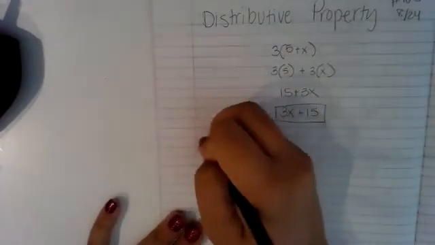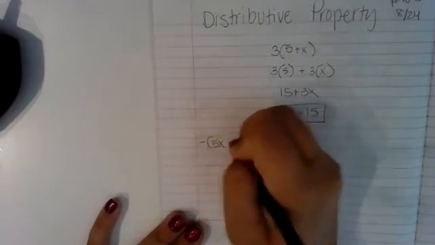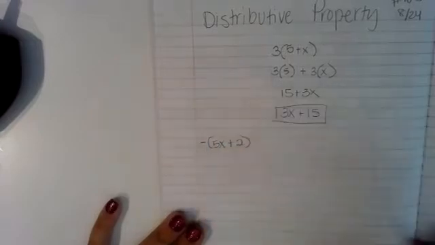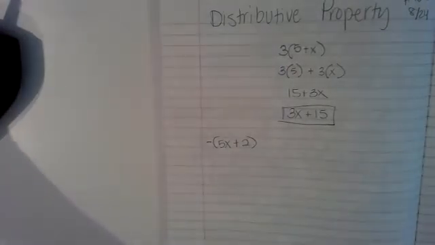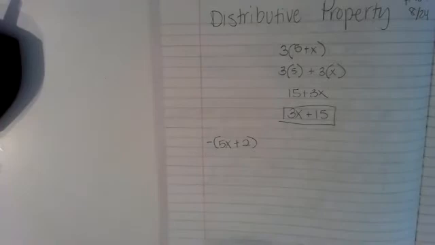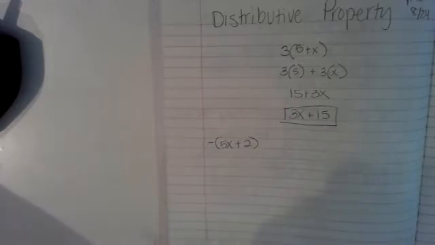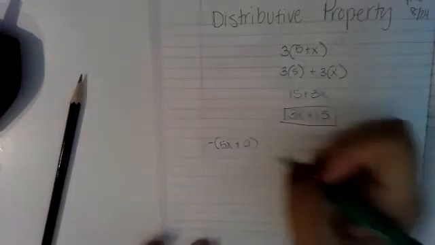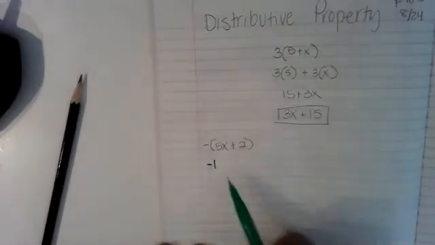I have negative parenthesis 5x plus 2. Now, one thing I have to remember is that if I have a negative in front of my parenthesis, there is an invisible number associated with that negative. And that invisible number is a -1. So this is not just a negative sign.